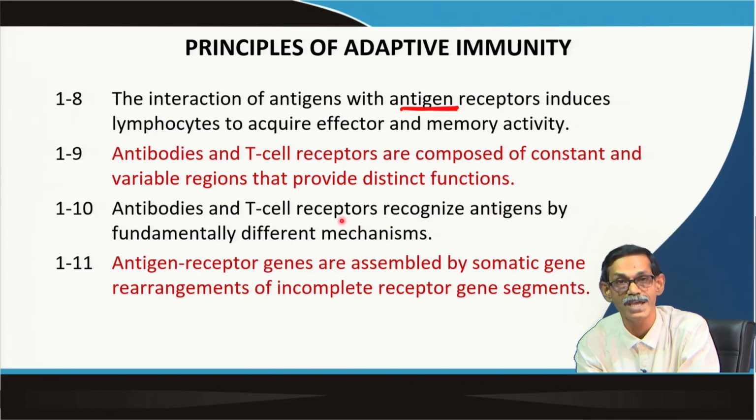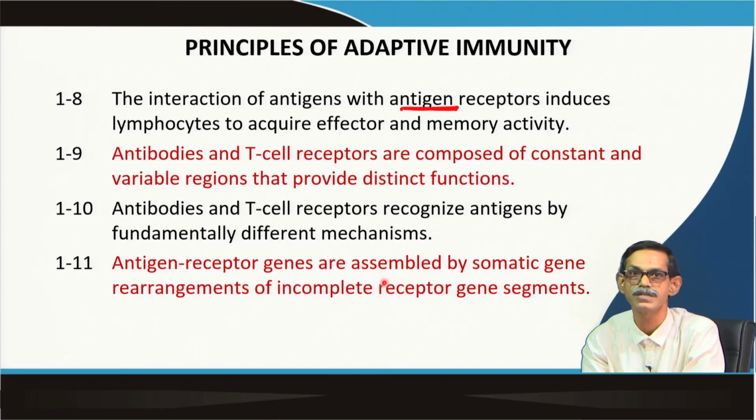Just remember, the binding of antibodies with antigen and the binding of T cell receptors with antigen are slightly different, which we will see. Antigen receptor genes are assembled by somatic gene rearrangement of incomplete receptor gene segments. I am repeating again, antigen receptor genes are assembled by somatic gene rearrangement of incomplete receptor gene segments.